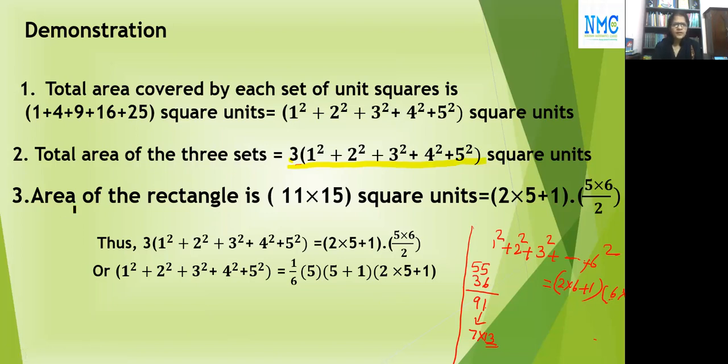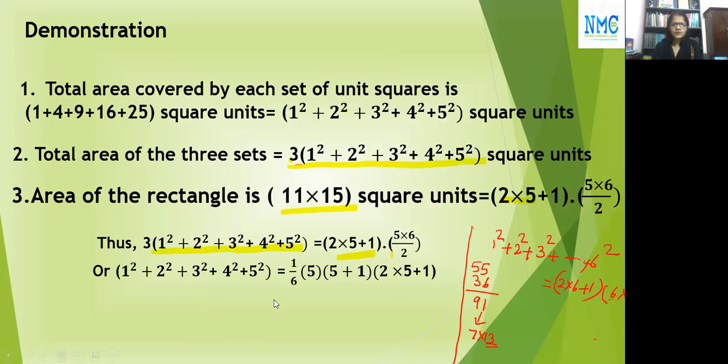Now the area of the rectangle is 11 into 5, sorry, 11 into 15. I have written 11 as 2 into 5 plus 1, and 15 as 5 into 6 by 2. So 3 times 1 square plus 2 square plus 3 square plus 4 square plus 5 square equals 2 into 5 plus 1 multiplied by 5 into 6 by 2.